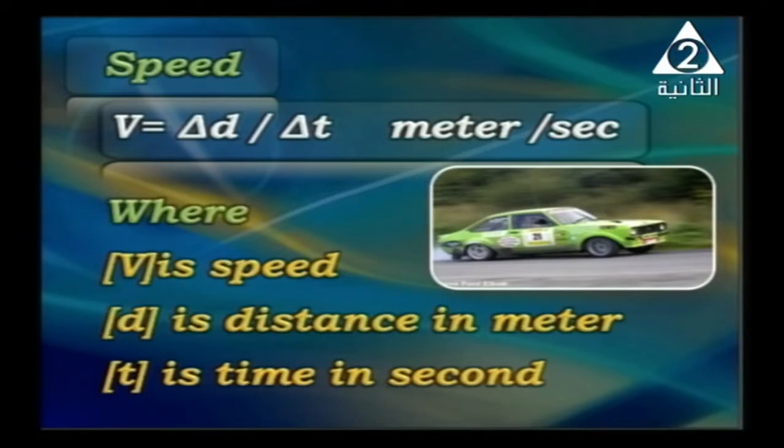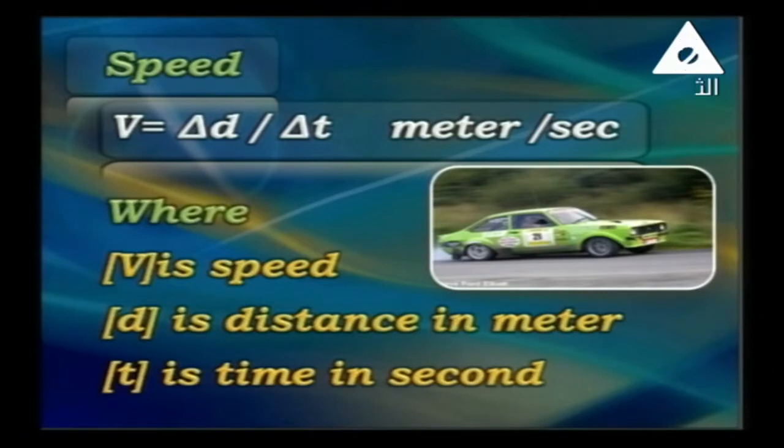Distance is measured in meters, and time is measured in seconds. The second, or an hour or a minute, is the measuring unit of time. In science, the second is the smallest one.